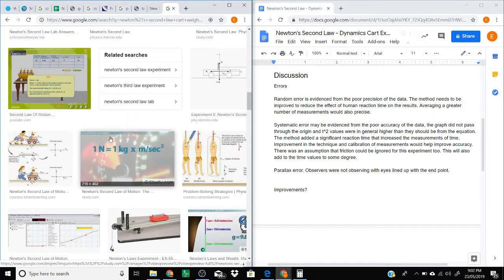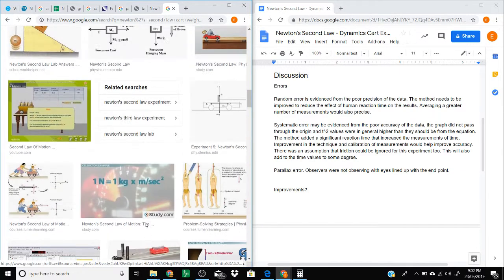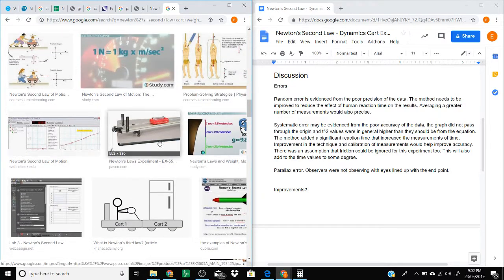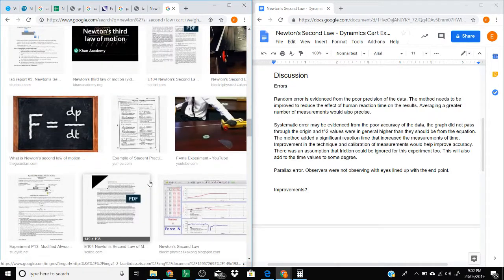I'm not finding the images I'm looking for. One is, okay, you have electronic devices that eliminate the human factor, and you analyze basically when they go through certain devices.